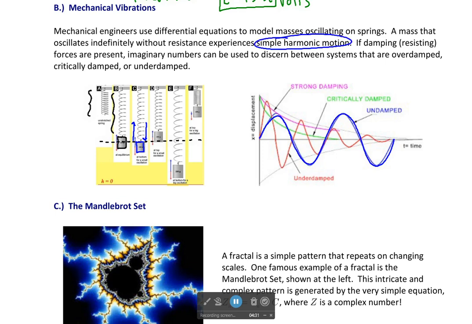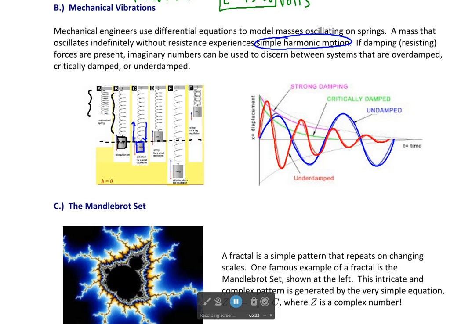Now, if damping or resisting forces are present, like gravity or some sort of shock absorber, then, surprisingly enough, imaginary numbers can be used to discern between systems that are overdamped, critically damped, or underdamped. So an underdamped system is going to have resistance, but it's going to continue to oscillate with an ever decreasing amplitude until it settles back to its equilibrium position.